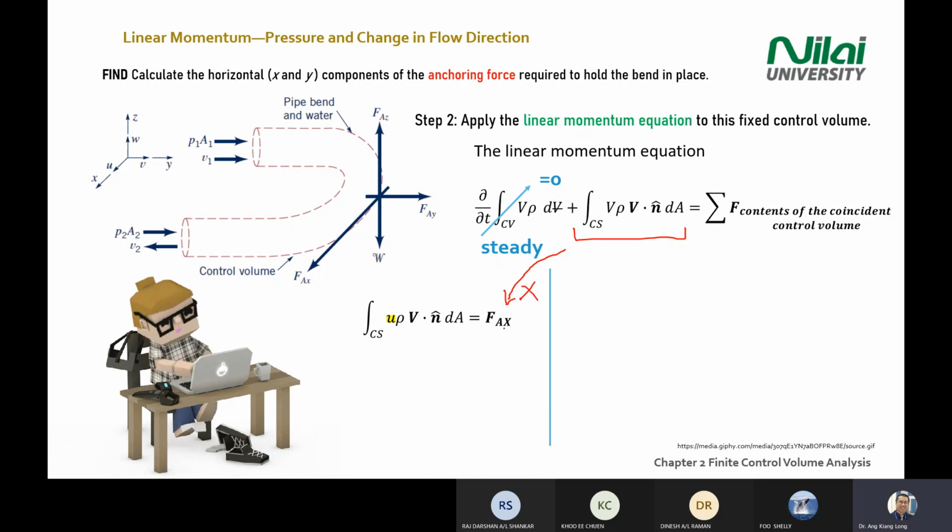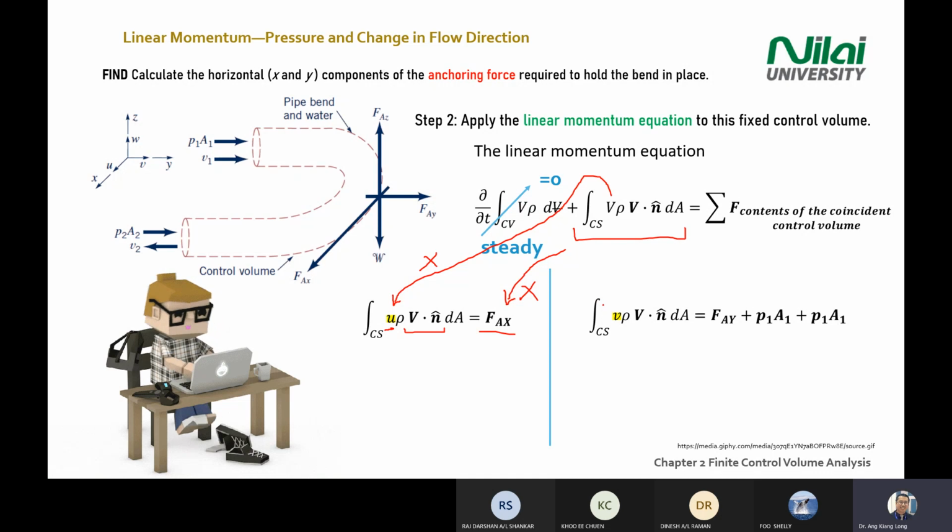This is x direction. When you look at x direction, the u will become x, you are using u. Rho Vn is the same, but the force direction is all the force in x direction at point A. Then you derive the y direction.